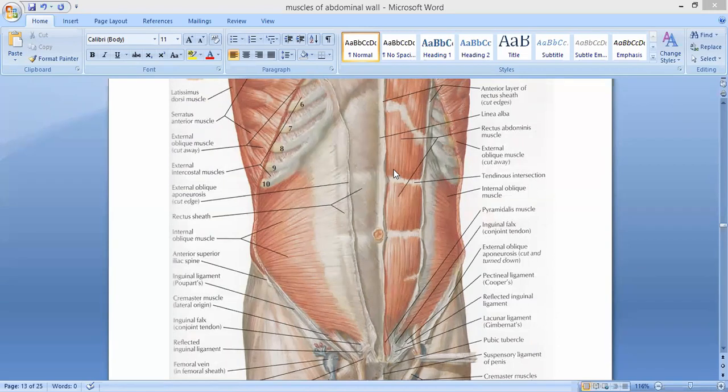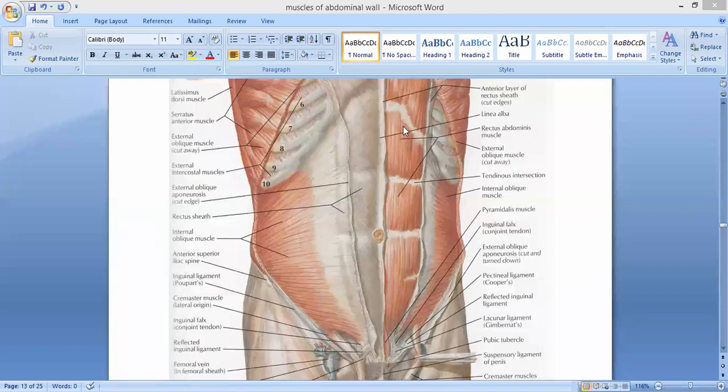And number two, it is going to increase the efficiency of this long strap muscle, the rectus abdominis muscle. How? Because the anterior layer of the rectus sheath is attached to the tendinous intersections of this muscle, so that it keeps the muscle straight during contraction.